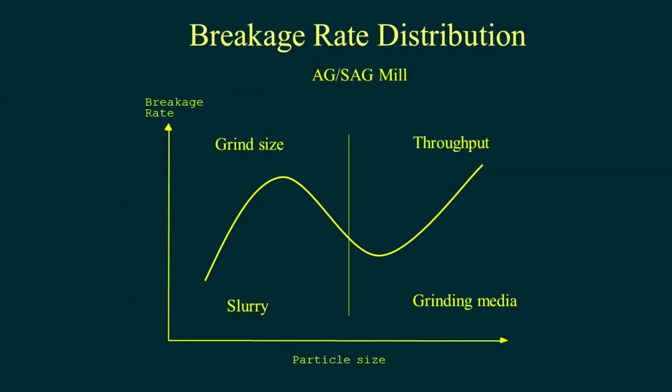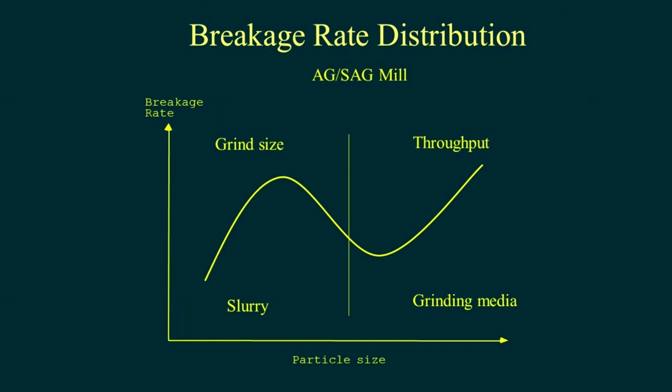Let's look at breakage rates. Breakage rate, if you don't like the term breakage rate, and I don't, and it was part of my master's thesis to look at it in a different way, you can think of it, if you like it better that way, as the collision frequency. It's the frequency with which breakage events occur.